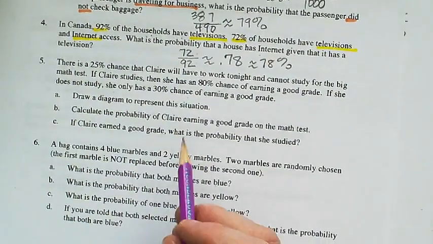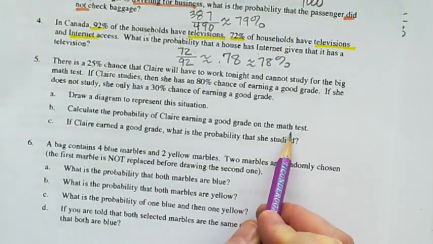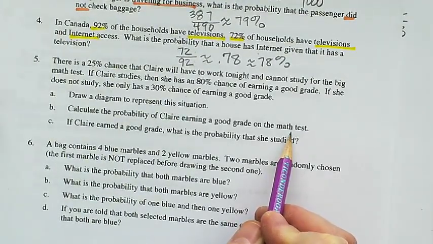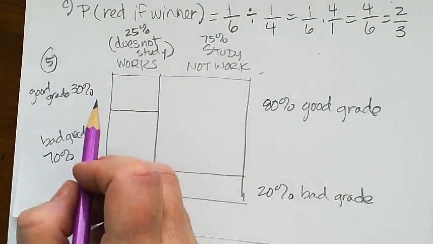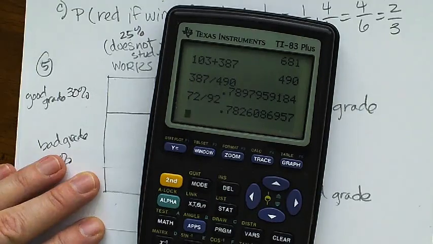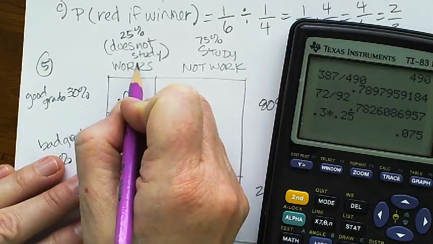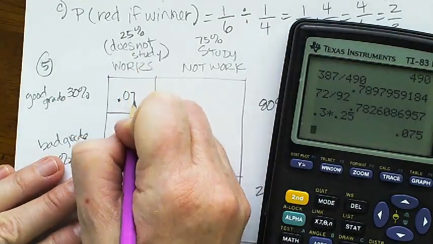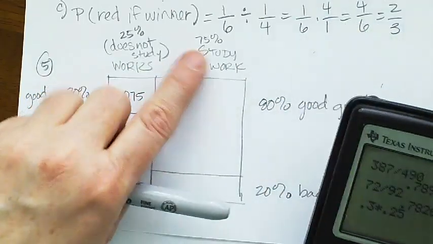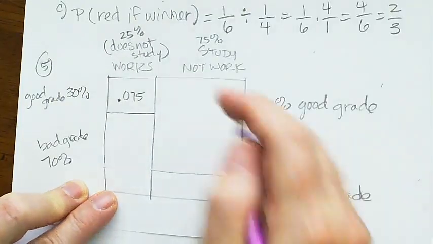Calculate the probability of Claire earning a good grade on the math test. So the probability of her earning a good grade would be 30% times 25%. So 0.3 times 0.25 is 0.075. That's her chance if she does not study, if she goes to work. And then 75% times 80%, so 0.75 times 0.8 is 0.6.